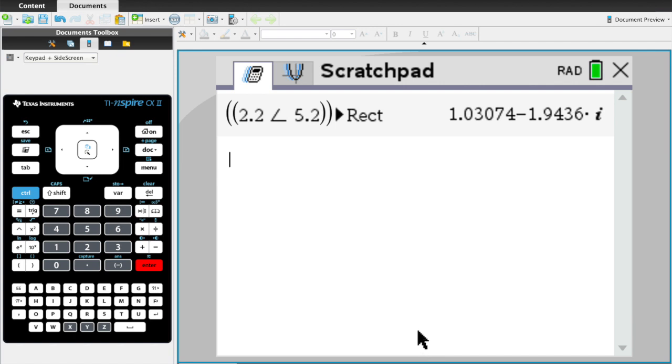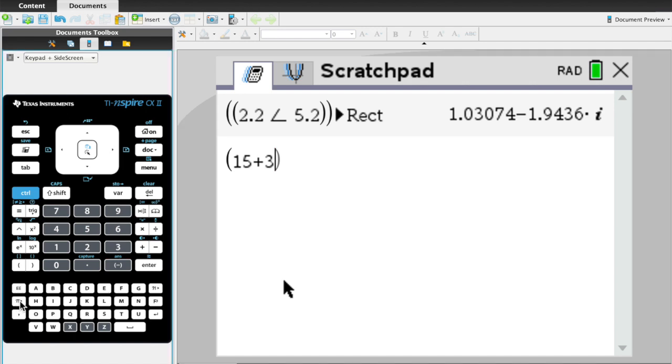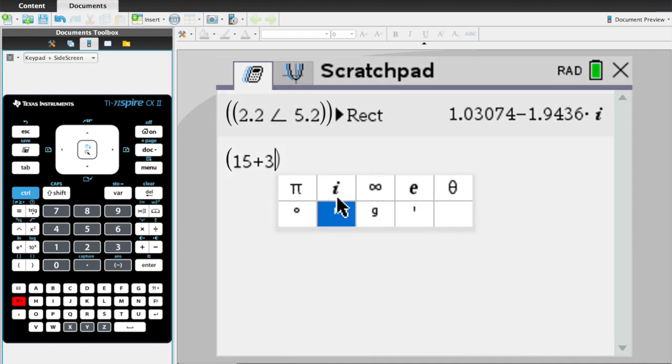Similarly, we have to think about, because you can see our answer is given here as a complex number, when I put in my rectangular coordinates, and here is -15, plus I have to go 3i. I is here where pi is, down in this area.